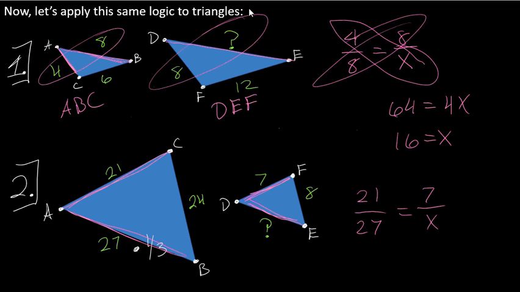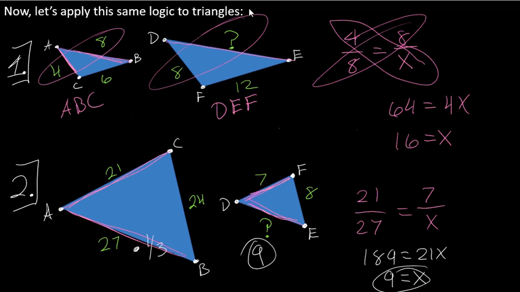So 7 times 27, that'd be 140 plus 49, that's 189, is equal to 21 times x. And we divide by 21 on both sides. And we get 9, which is what we should have gotten.